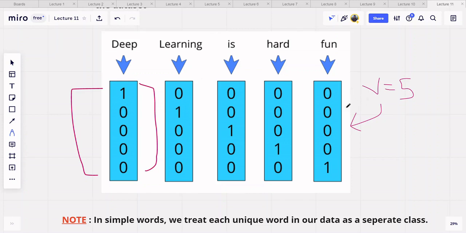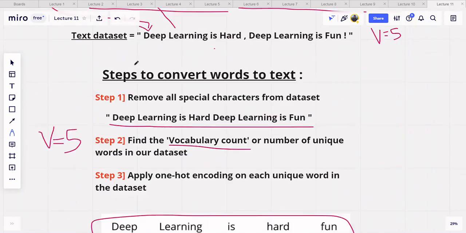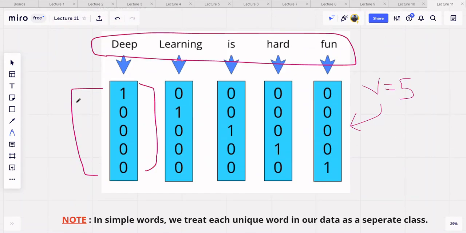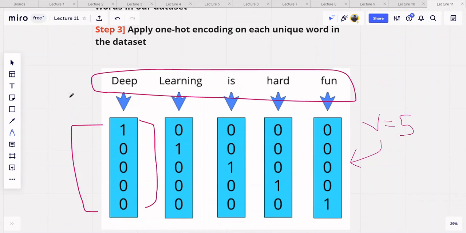But this is a very simple data set. We can't even call this a data set. We just have two sentences with five unique words, but in real life, when we have millions of lines of textual data, we may have hundreds of thousands of unique words.